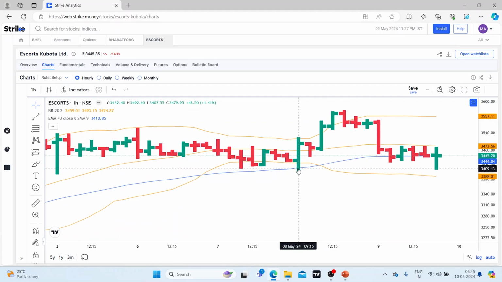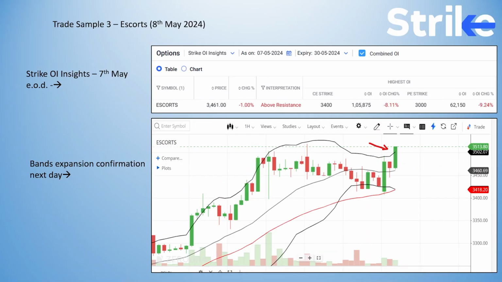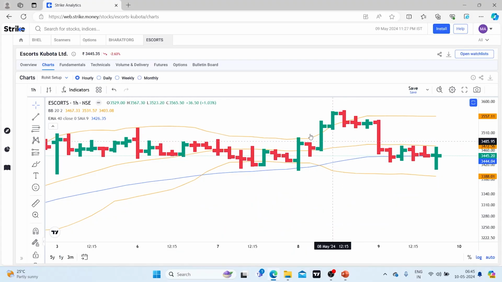After the initial dip, the price rose and reached the upper Bollinger Band. Now once that level started getting broken after 1 hour of consolidation, the band started expanding. So at this candle, the band started expanding. Here you can see the marked candle. And we entered the trade and the price then moved up.